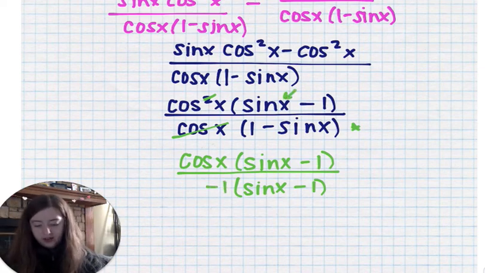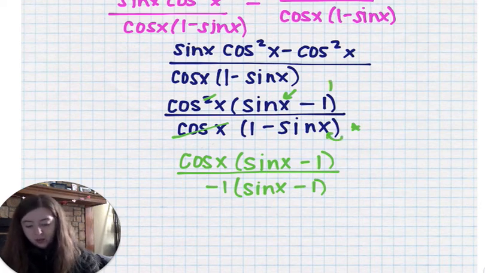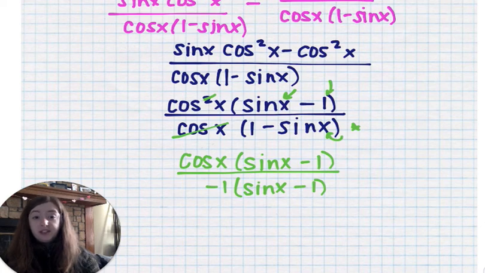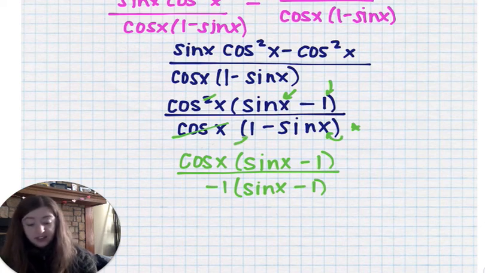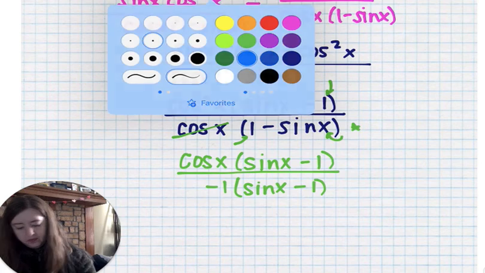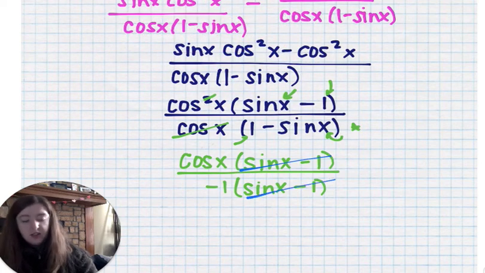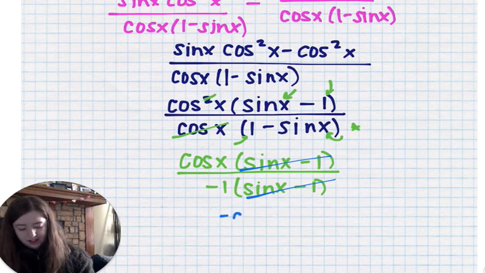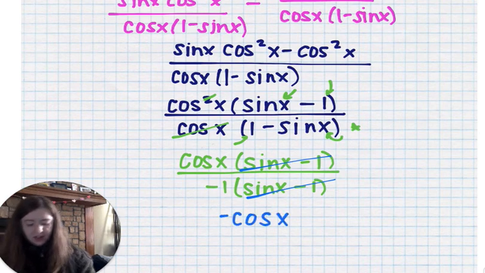If we divide by negative 1, boom, down here it's negative. The 1 down here, up here is positive, down here is negative. I'm sorry, the one on the bottom is positive. So if we divide by negative 1, now they have the correct sign. So these sine minus 1s will divide away, and then cosine divided by negative 1 is negative cosine.